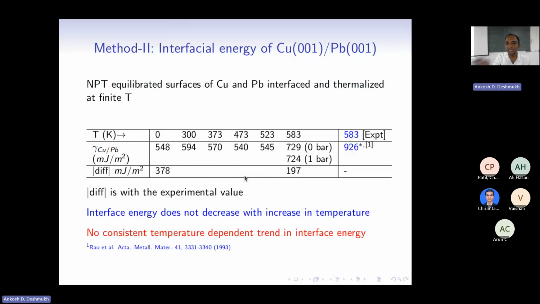The difference is 197 millijoule per meter square. At each temperature the interface energy is a small value and not a correct trend was observed here, because as temperature increases, generally interface energy goes down, but that does not appear here.